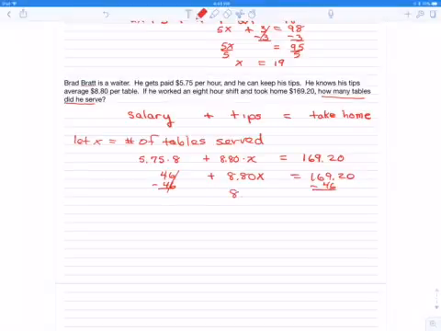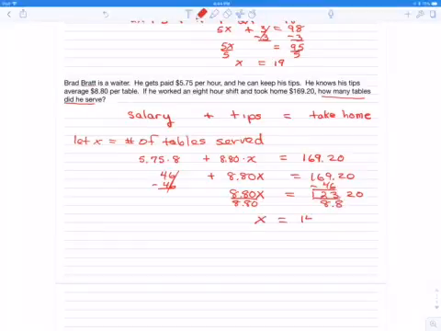So $8.80x equals $123.20. If I divide both sides by 8.80, I get 14. Okay, well, x was the number of tables served, so 14 tables.